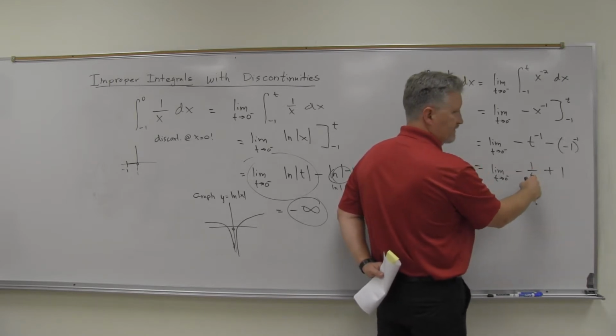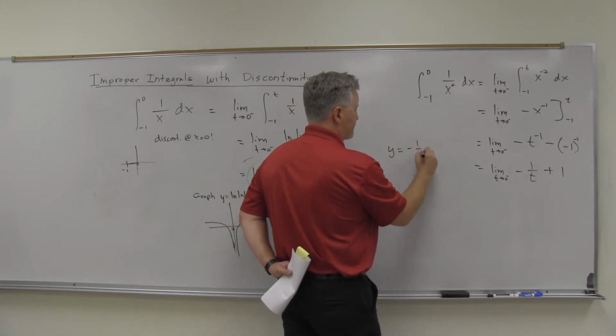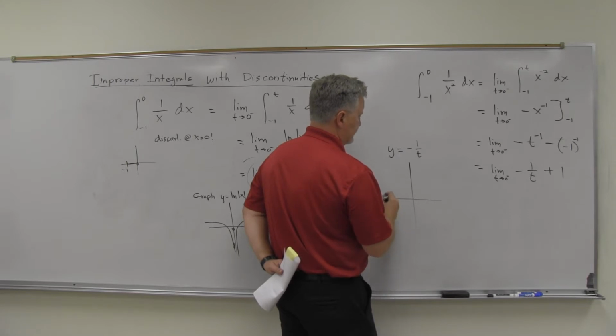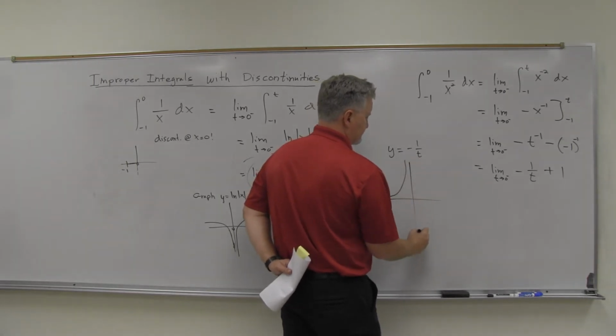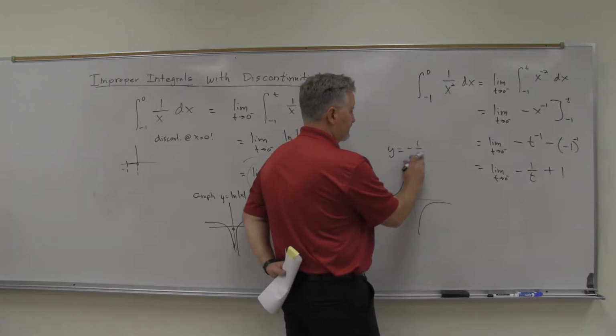Yeah, if you look at the graph here of negative 1 over t, yeah, that's that. 1 over x.